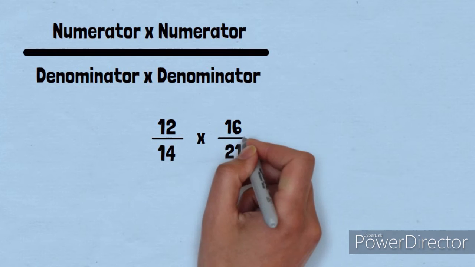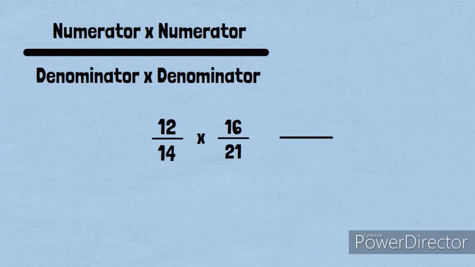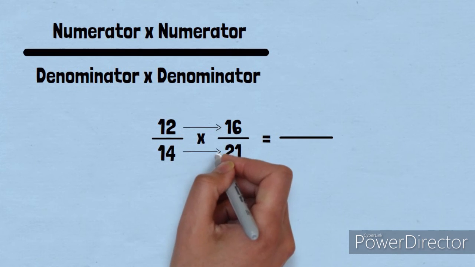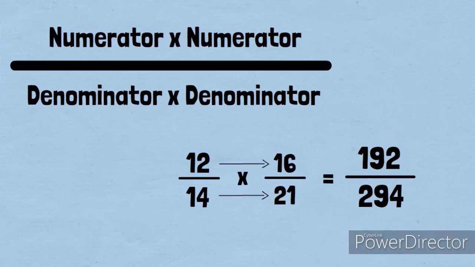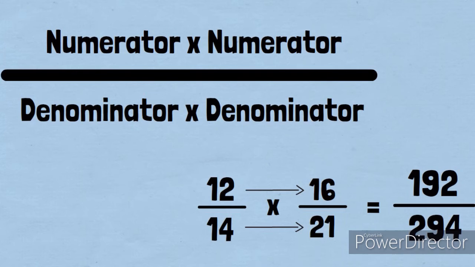Since we're multiplying across, we have to multiply 16 times 12 and 14 times 21. 16 times 12 is 192, and 14 times 21 is 294. So your answer is 192/294.